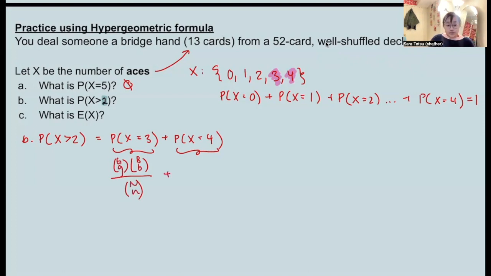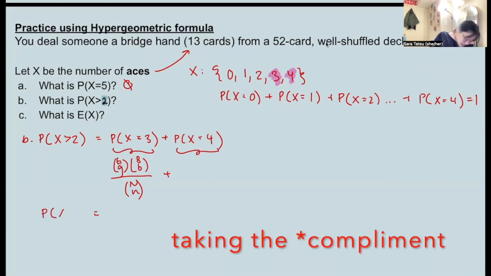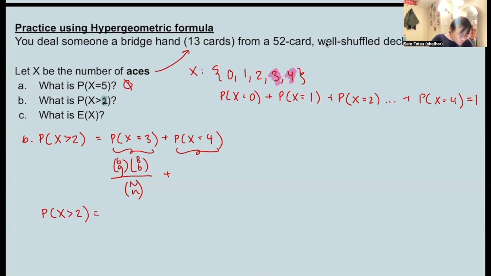But I want to talk about a different way to approach a problem like this, and it is called taking the converse. The probability that X is greater than 2 can also be written as the probability that it's not 0, 1, or 2, right?